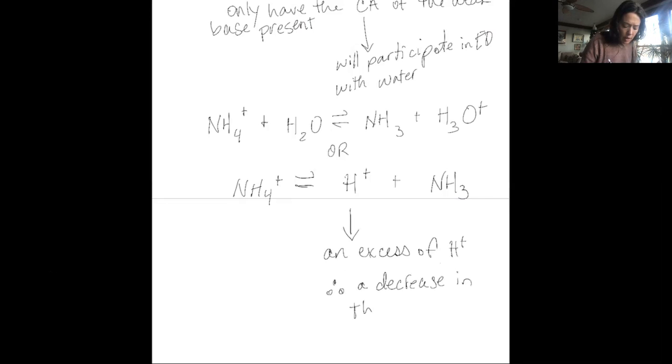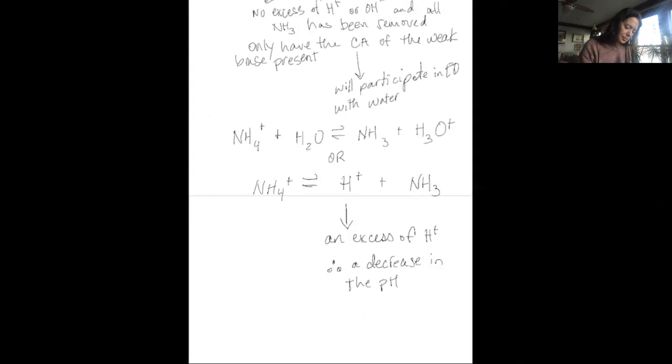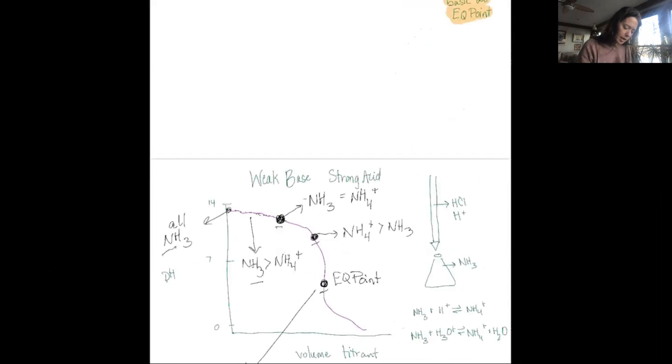Okay. The thing is, guys, you've got to be able to explain that. Why is the pH less than 7 when a weak base is titrated with a strong acid, right? It's because at the equivalence point, the only species present is the weak acid that then dissociates to produce an excess of hydrogen ions. And we see a decrease in the pH.